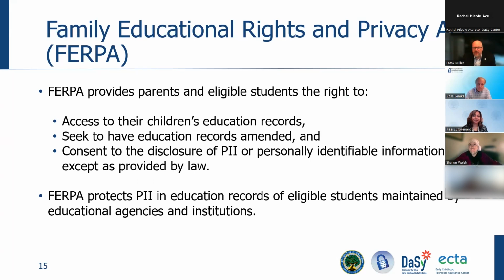So FERPA, the Family Educational Rights and Privacy Act, was written in 1974, a long time ago, basically to afford parents and eligible students certain rights to access education records that schools maintain on behalf of the student or the parent's child who's in attendance at the institution. They can seek to have certain education records amended, things that are inaccurate or incorrectly recorded. The big thing is to consent to the disclosure of PII, or personally identifiable information.